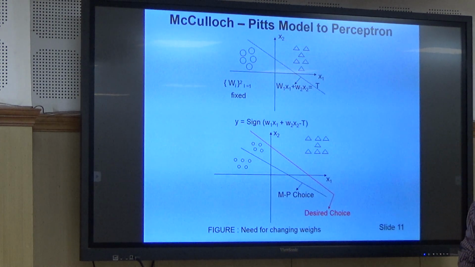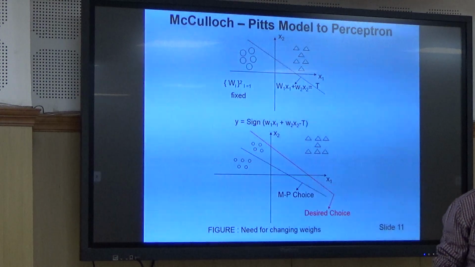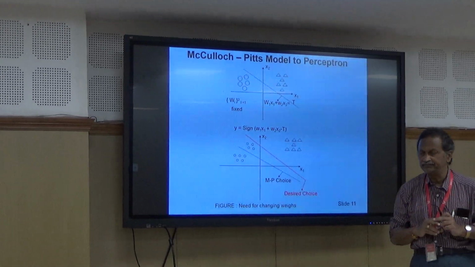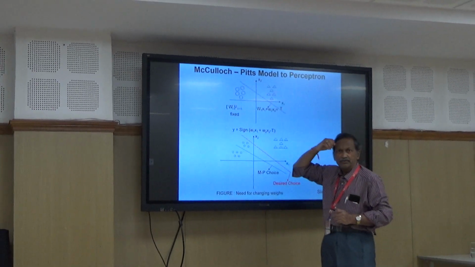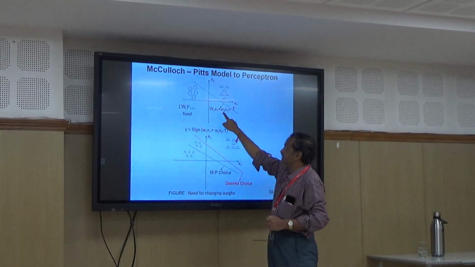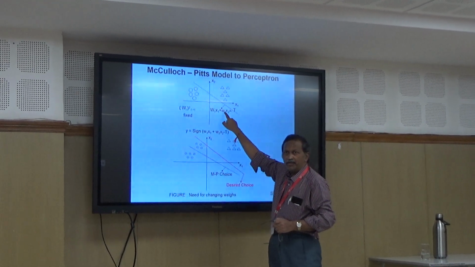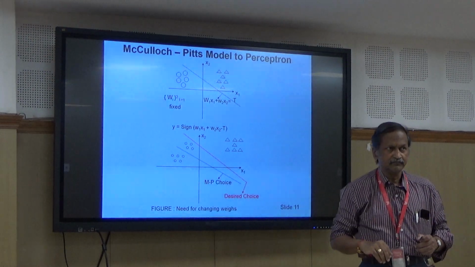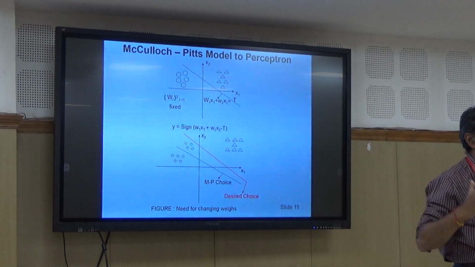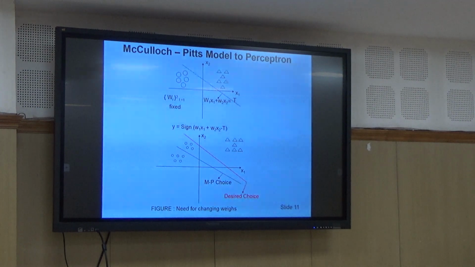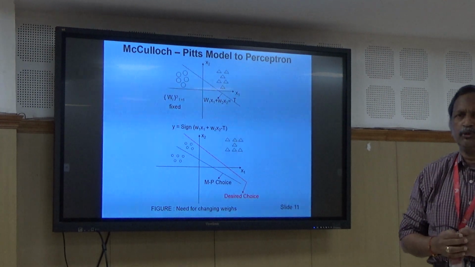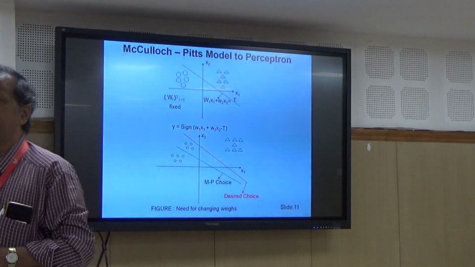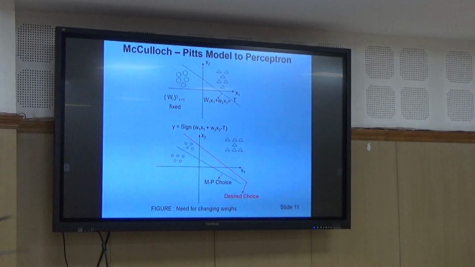So, x2 equals mx1 plus c. That's our equation. Suppose we write the equation like this: W1 x1 plus W2 x2 equals t. How many of you agree that is the equation of a line? W1 x1 plus W2 x2 equals t. Is that an equation of a line in the x1 x2 plane?